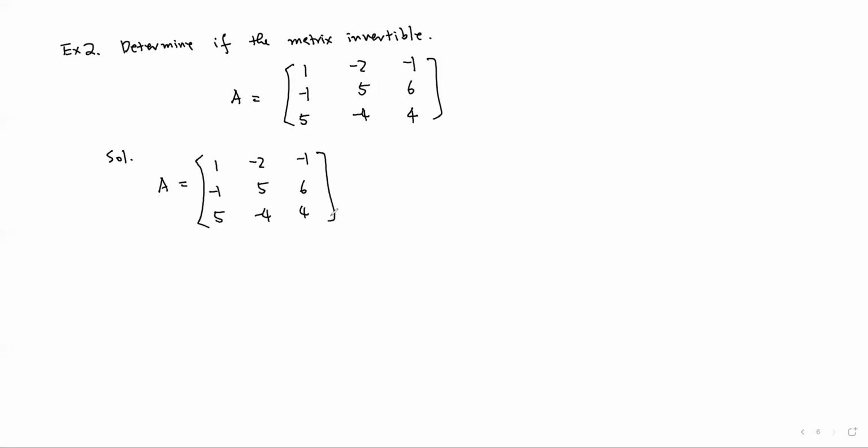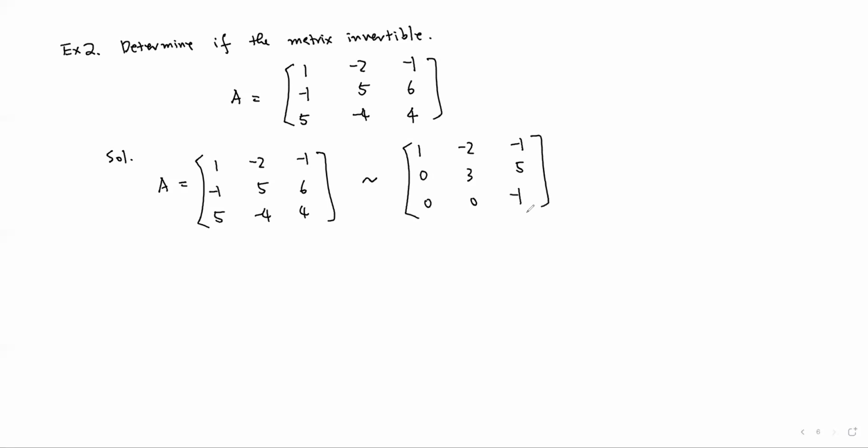Perform a sequence of operations, then the echelon form is 1, -2, -1, 0, 3, 5, 0, 0, -1.